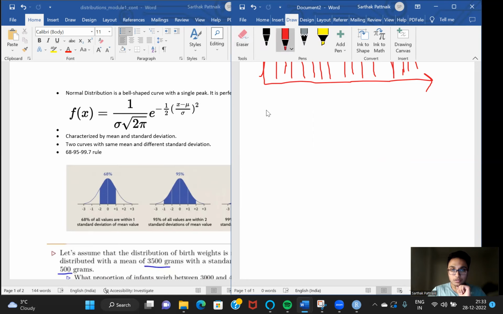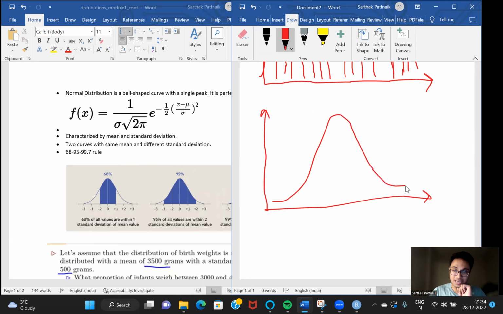Now, in a normal curve, what does the mean represent and what does the standard deviation represent? The mean, as we have studied previously, is an indicator of the central value. So the peak of this curve, the x coordinate of that peak, is fundamentally the mean or the central value.